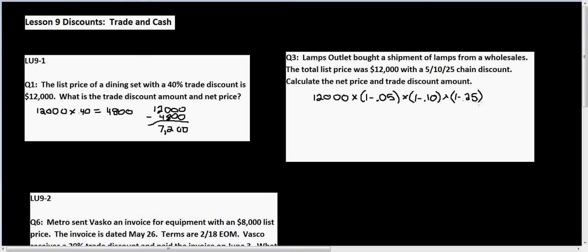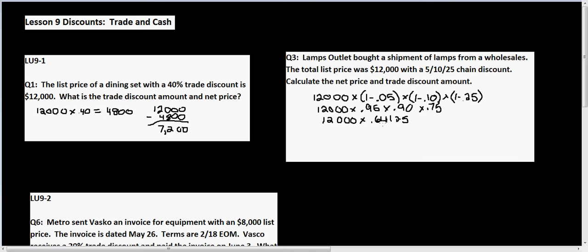Okay, what this means then is you now have 12,000 times 0.95 times 0.90 times 0.75, which means you have 12,000 times 0.64125.